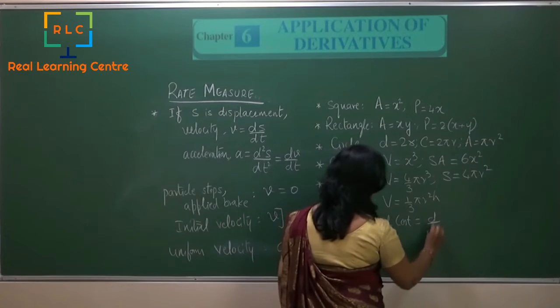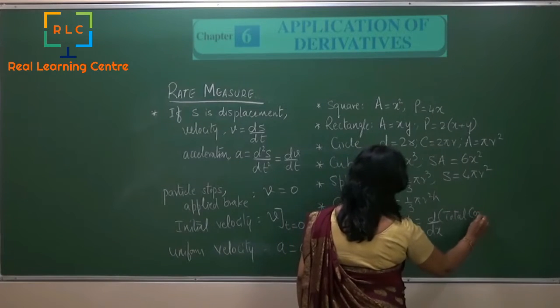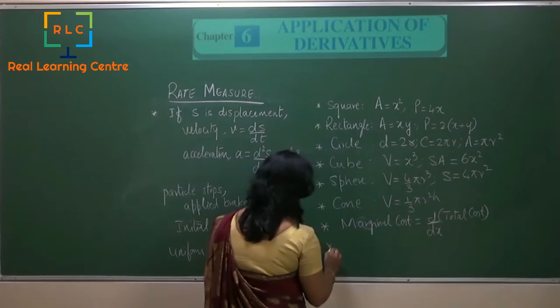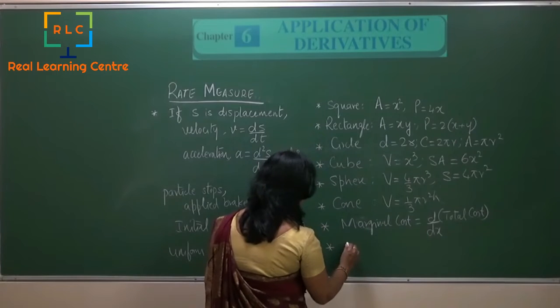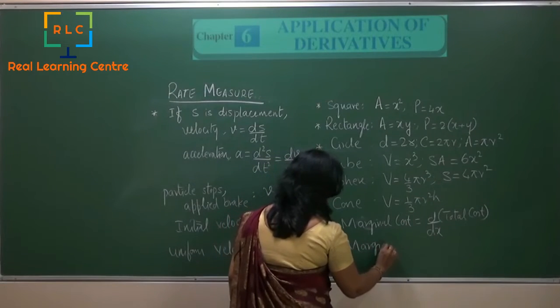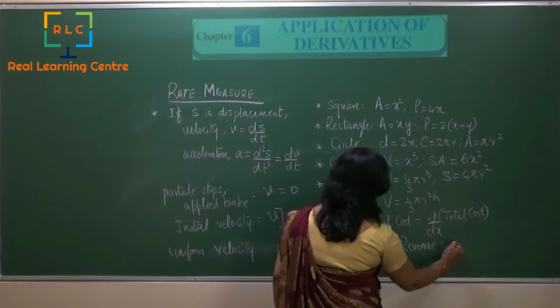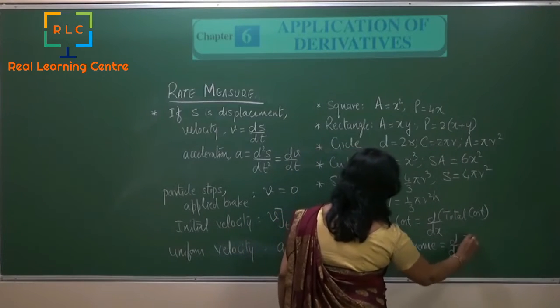Marginal cost is differential of total cost. And then after marginal cost, I'll also write in the same way for marginal revenue. Marginal revenue is equal to differentiation of total revenue.